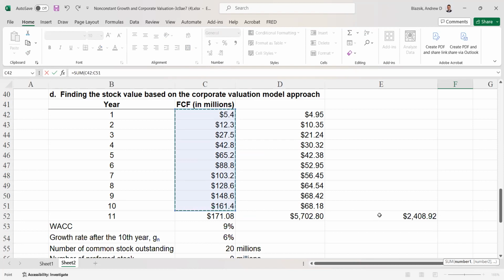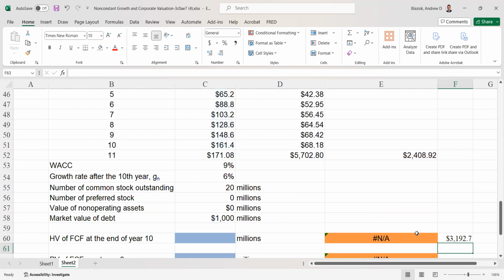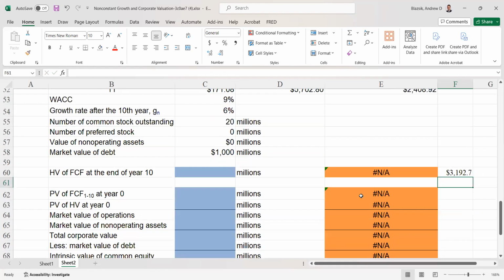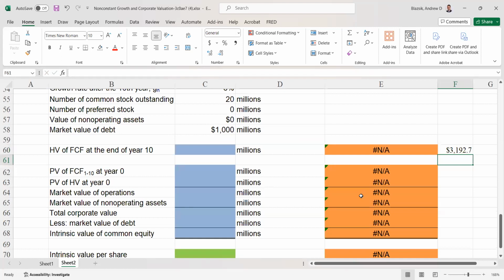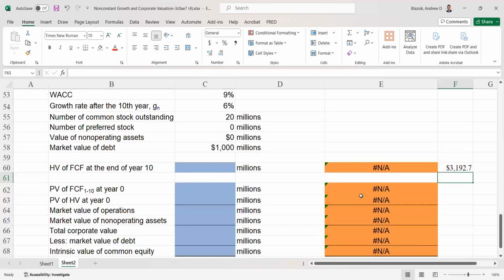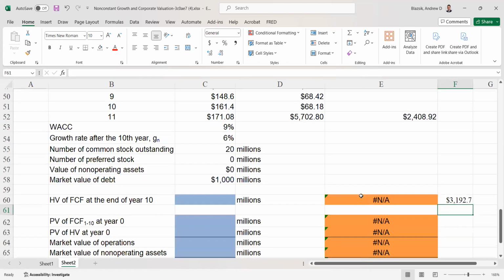And then also that next one. That's what I have there. And then it's going to ask for the market value of operations. I believe it's 0 in this example. I don't have the question.